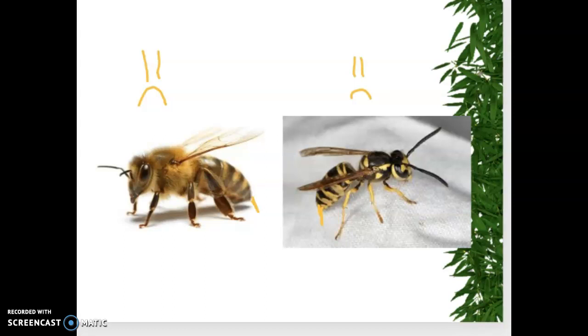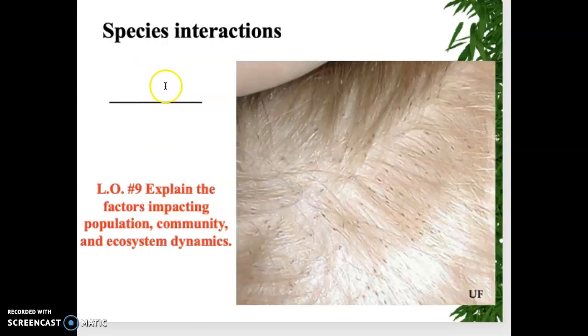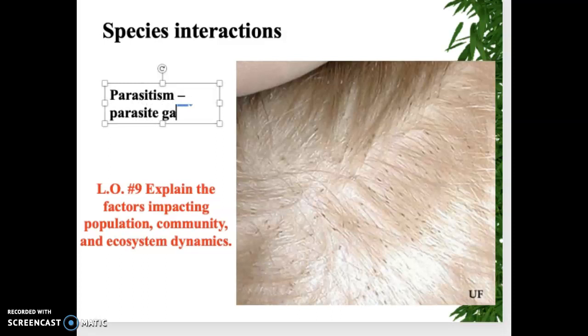So, okay, another species interaction to mention here. Parasitism. So in parasitism, the parasite gains food and a home, shelter, territory, whatever.